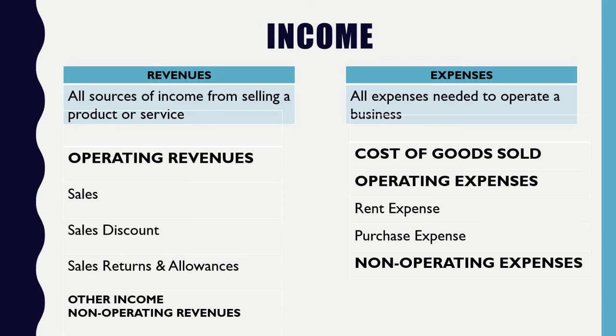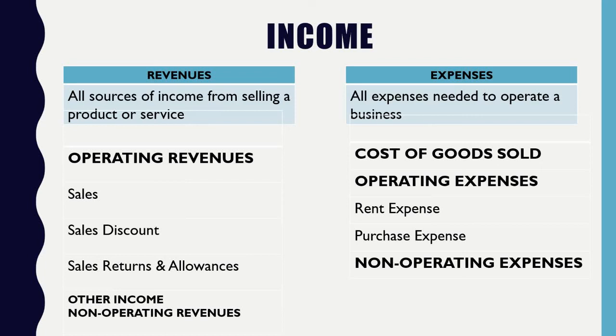Advertising expense. You need to spend the money to get your name out there, okay? License and permit expense. You may need to purchase that so you can even run your business, okay? So that's going to be something that's correlated and directly related to your core operations of your business. Things to help you operate your business.